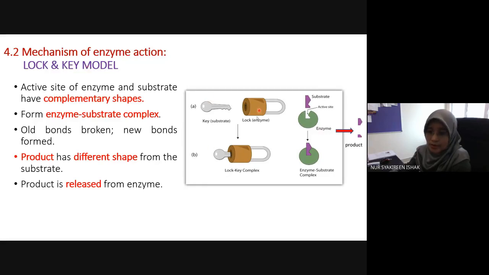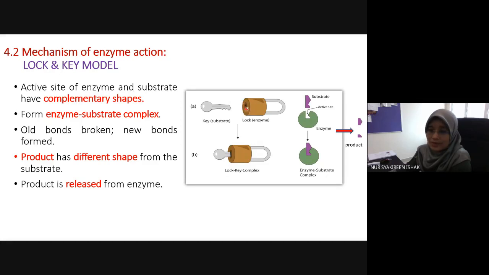As you can see, this is the lock that reflects the function of the enzyme. As you know, the enzyme has an active site with a specific shape, and obviously a lock will have its own specific key, because the shape of the key will fit the hole found in the lock.